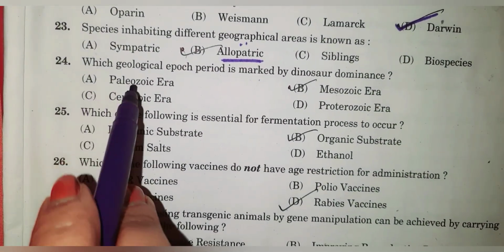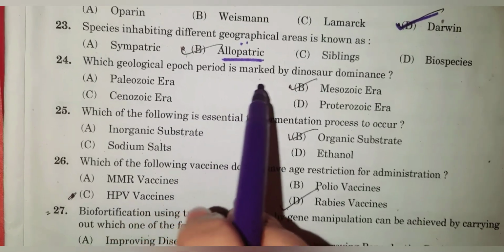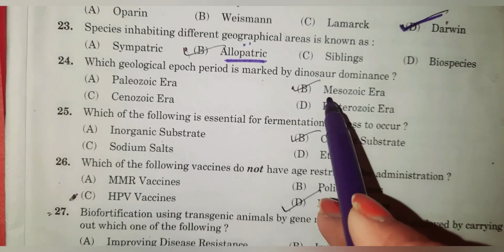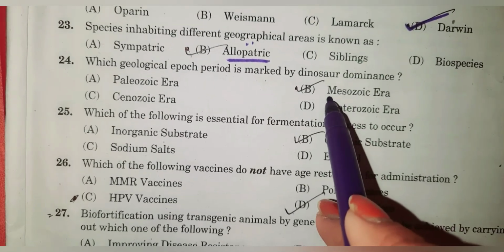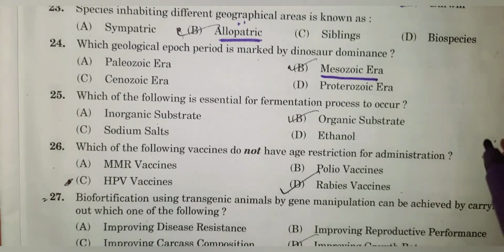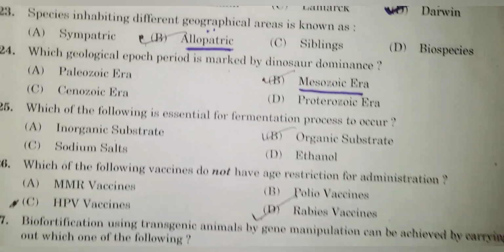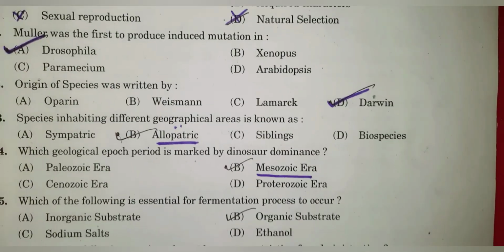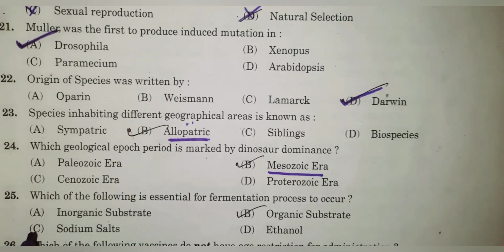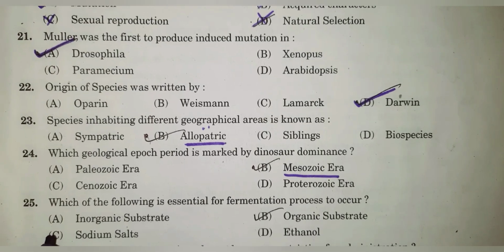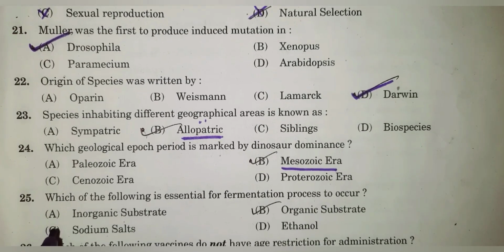Next, which geological epoch period is marked by dinosaur dominance? It is the Jurassic period, that is Mesozoic era. Correct? Coming to the last question of today's discussion. I told you I'll be discussing 25 questions in each of my question paper solving series.